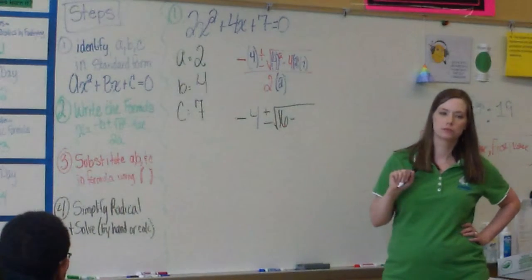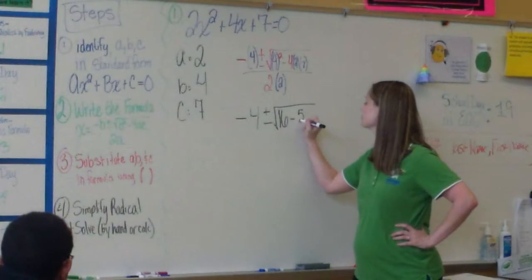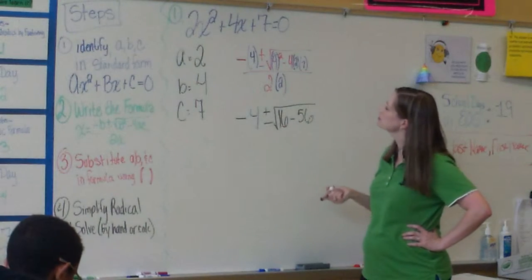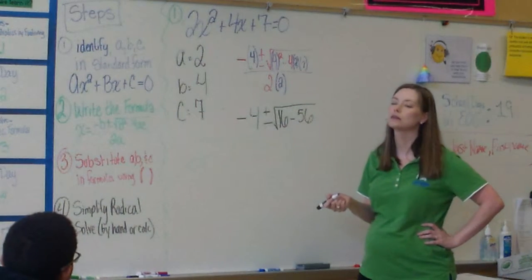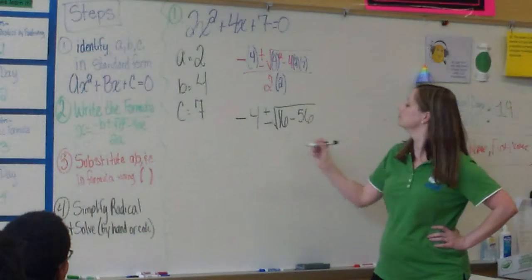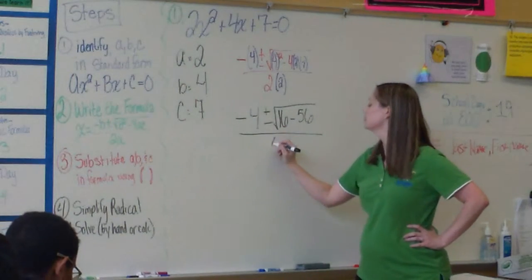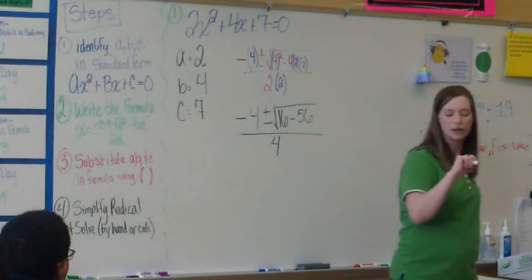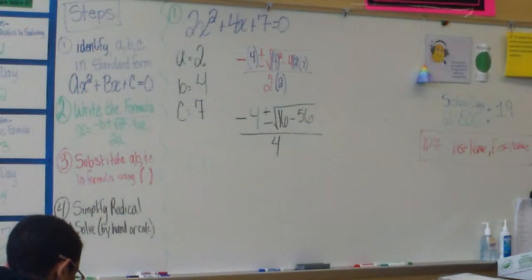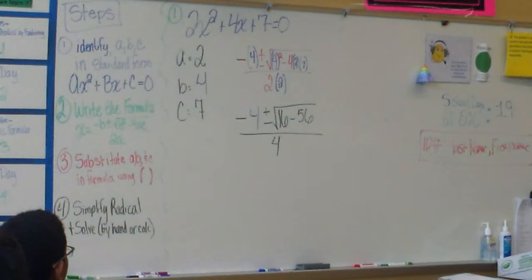Times 7? 56. Seriously? Bad example. What is 2 times 2? 4. Really bad example. Why? We'll see in a second.